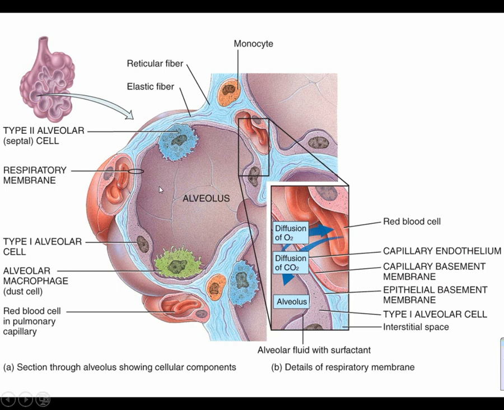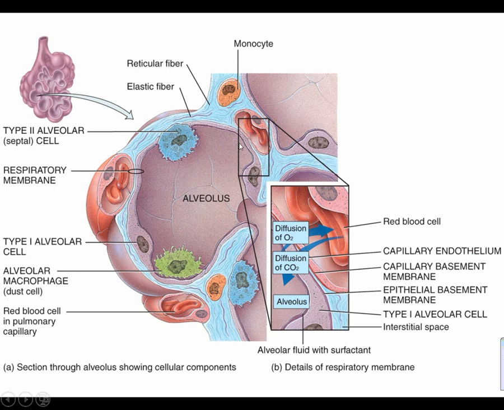What I'm going to focus in on are the capillaries surrounding them and the wall, which is primarily formed by what we call type 1 cells, or as it states here, type 1 alveolar cells. These are just like the cells that form the wall of a capillary. They're thin, plate-like, 1 cell layer thick.